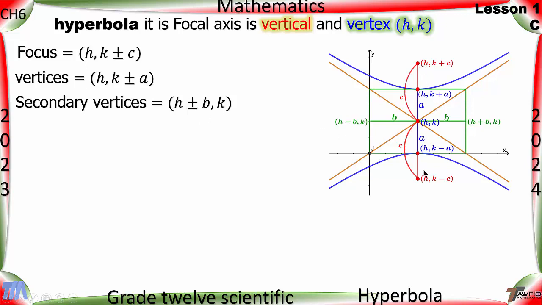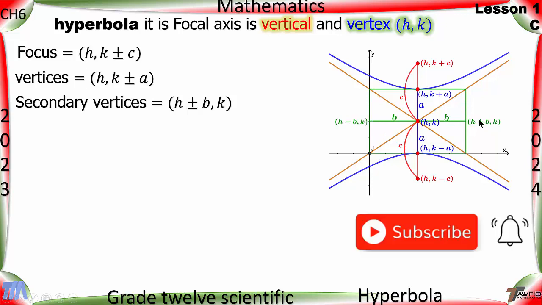These two are the foci (h, k + c) and (h, k - c), and these two are the vertices (h, k + a) and (h, k - a), and these two are the secondary vertices (h - b, k) and (h + b, k).